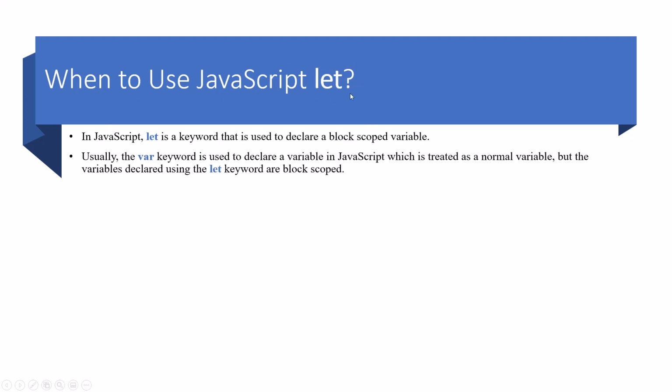Then when to use the JavaScript let keyword? In JavaScript, let is a keyword used to declare a block scoped variable. If we declare any variable with the let keyword, that variable is only accessible within that particular block. That's when we use the let keyword.